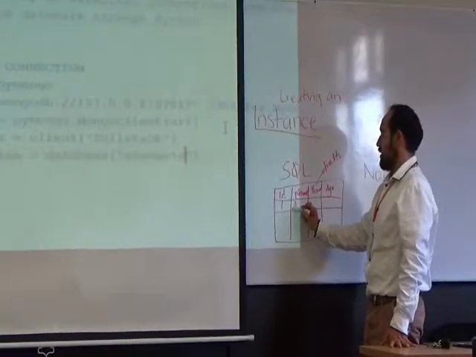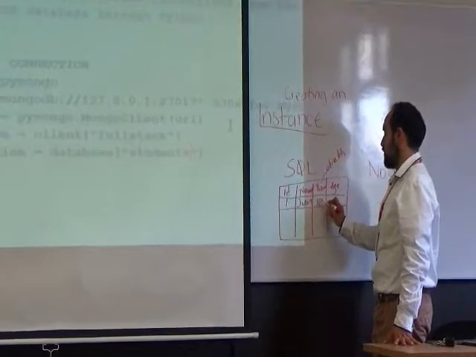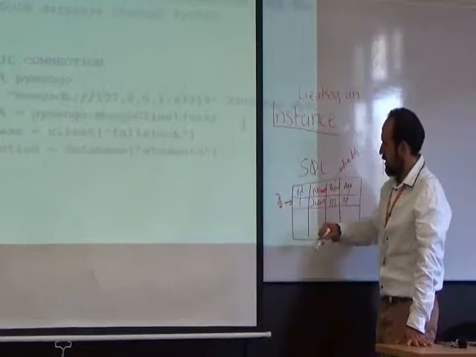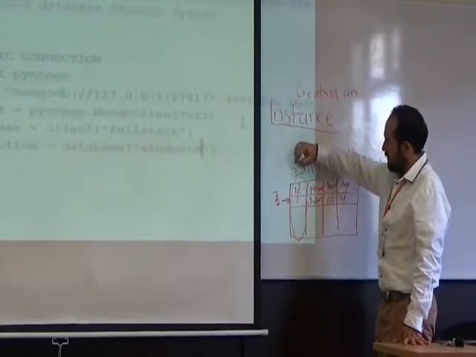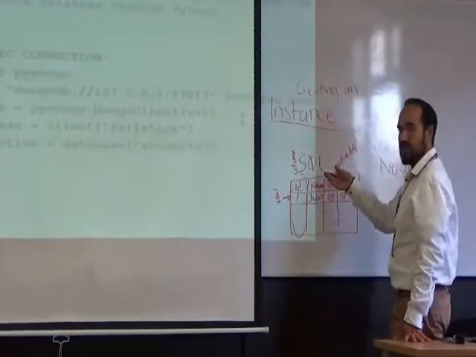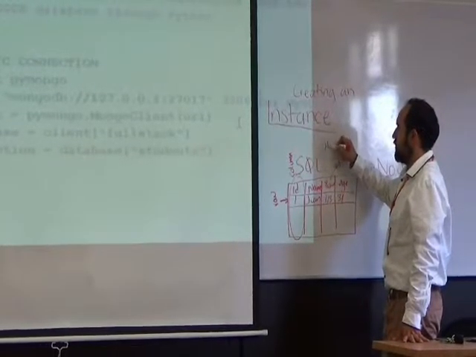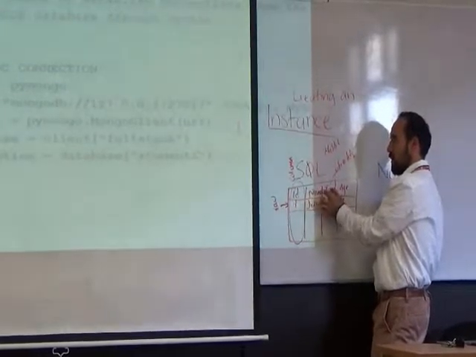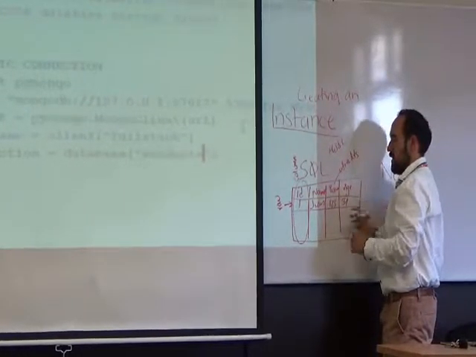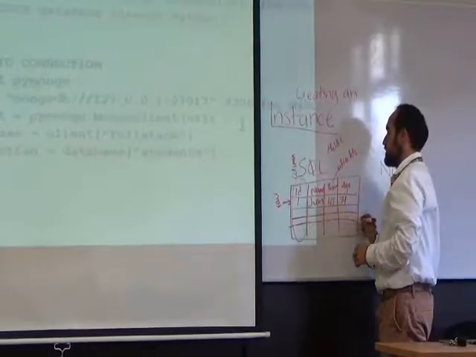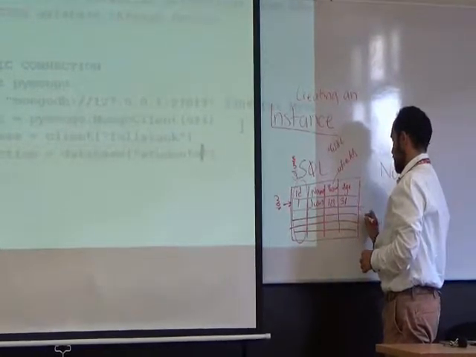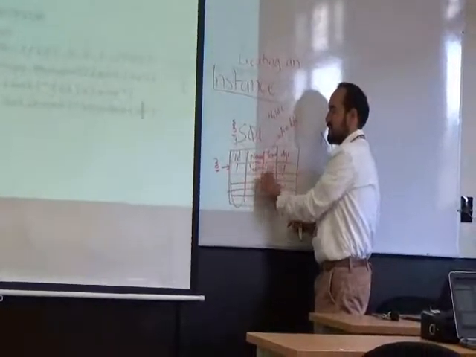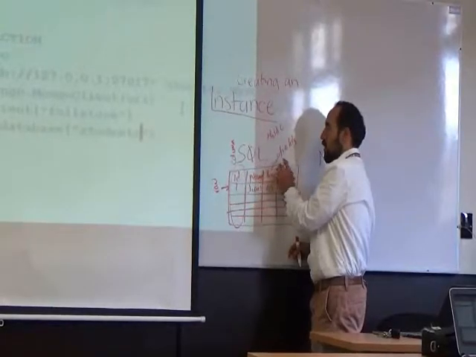So 1, password 123, age 31. So this is called a row, and this is called a column, right? In SQL, for example, MySQL or Microsoft SQL, whatever, we have a specific number of columns, and we can insert a lot of rows, and that's it. But we have a table because we have a specific number of fields.